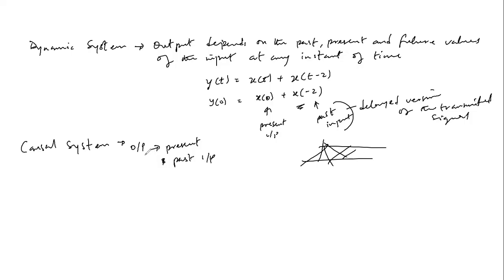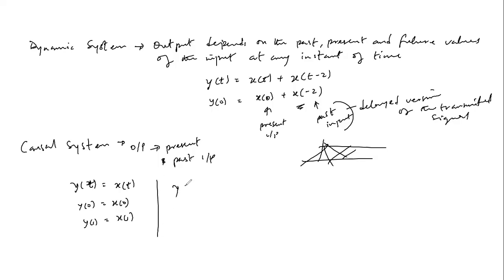So a causal system could be static or dynamic. Okay, it could be a static system or a dynamic system, such that y of t is the same as s of t, such that y of 0 is the same as s of 0, y of 1 is the same as s of 1.